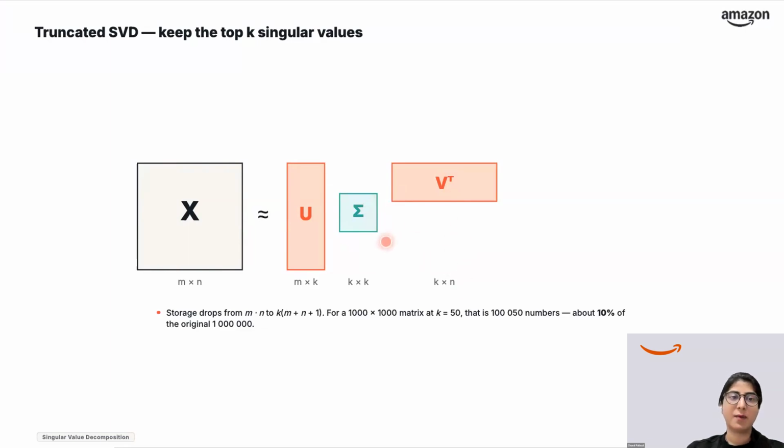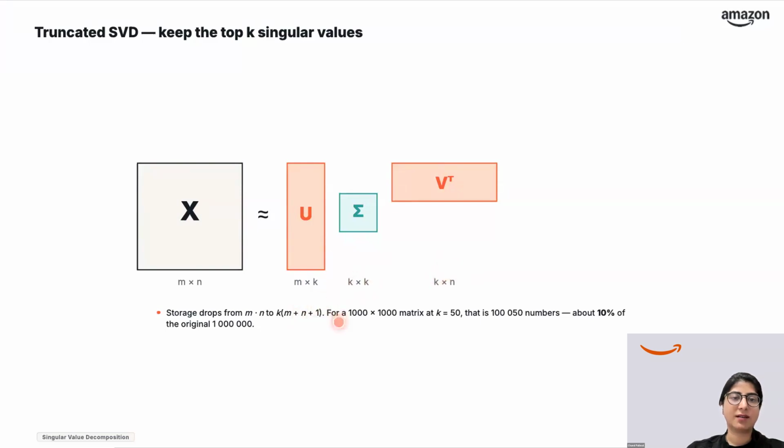Then the SVD becomes U sigma V transpose, where U is M cross K, sigma is K cross K, and V is K cross N. In this case, the storage, instead of the M cross N entries in X, is now MK plus NK plus K square.